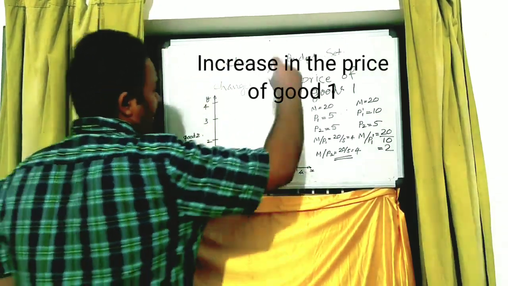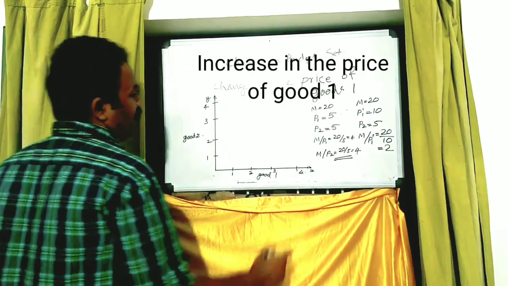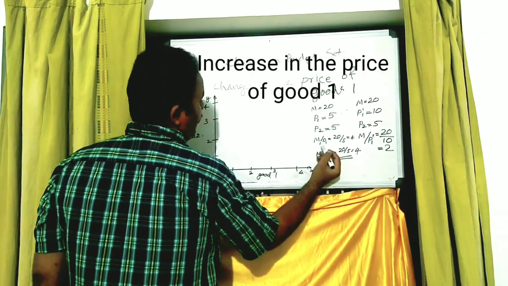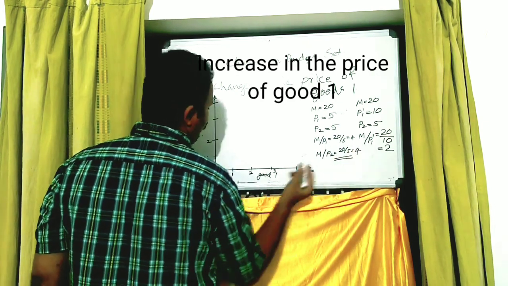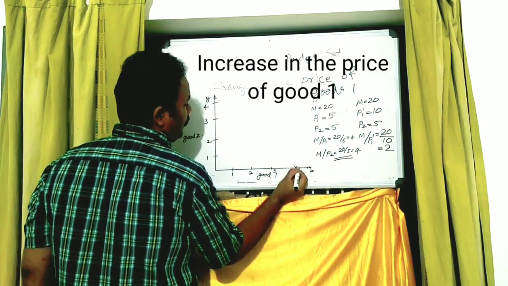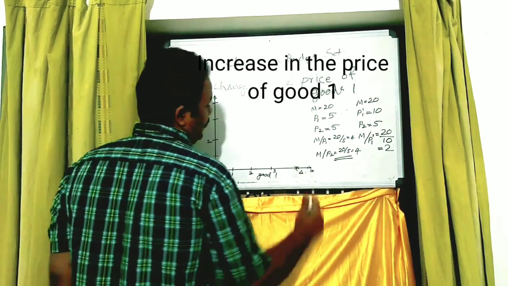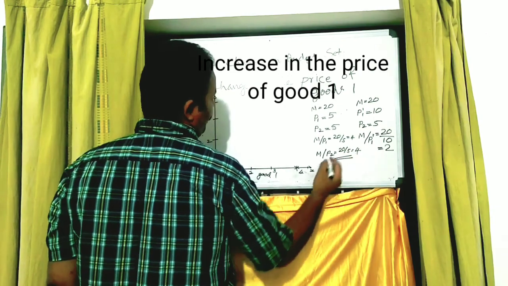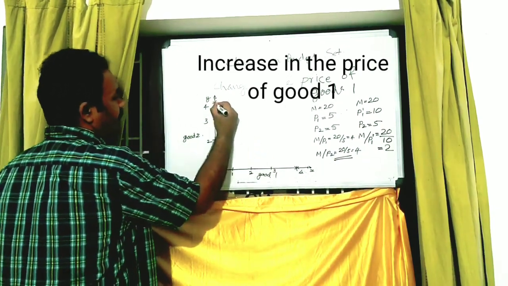Then first we can draw our initial budget line. Here horizontal intercept M by P1, that is 20 by 5, that is 4. So we can plot this point here, 4. Vertical intercept M by P2, M is 20, P2 is 5, 20 by 5, that is 4. Then we can mark here.